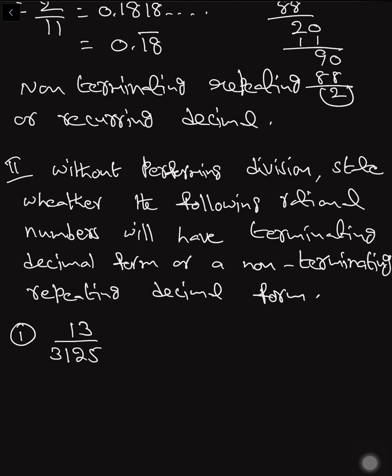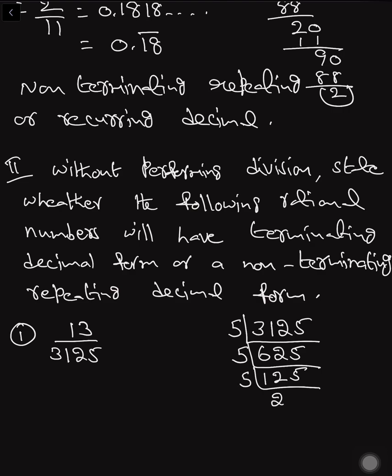So you can write the denominator 3125 in the form of prime factorization. 3125 is equal to 5 into 5 into 5 into 5 into 5.